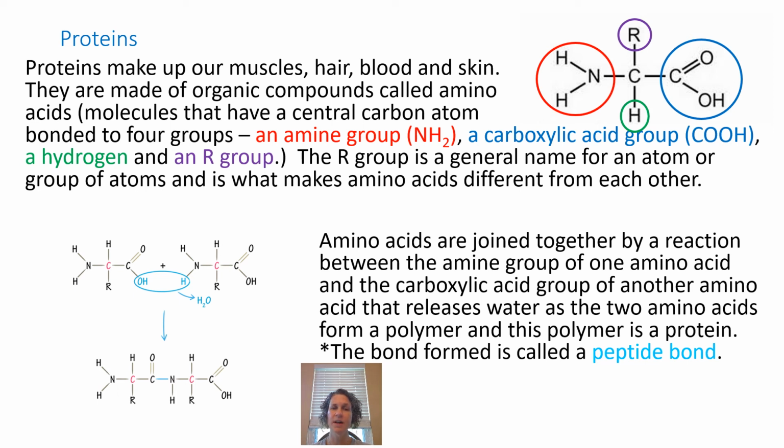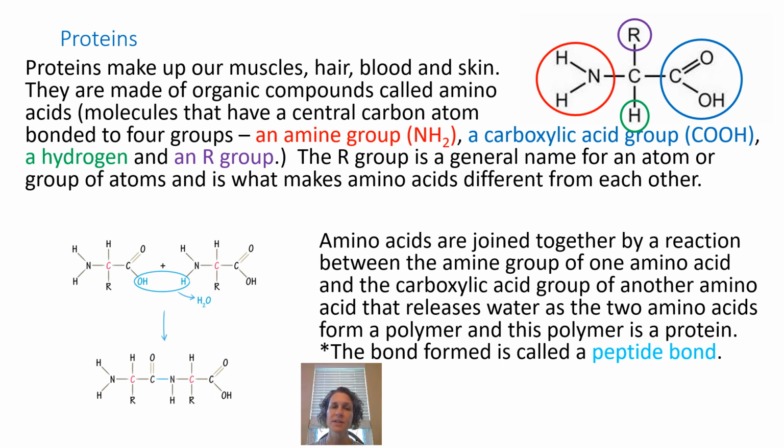Amino acids have 4 parts: an amine group, which I have circled in red on the picture, a carboxylic acid group, which is the blue, a hydrogen, and then an R group. The R group can be lots of different groups, an atom or a group of atoms, and this is where you get the different types of amino acids. If you take a biochemistry class, you'll learn some of the different R groups.